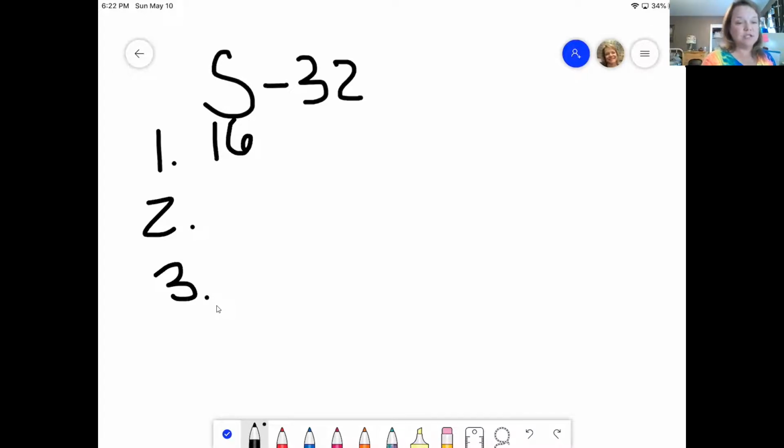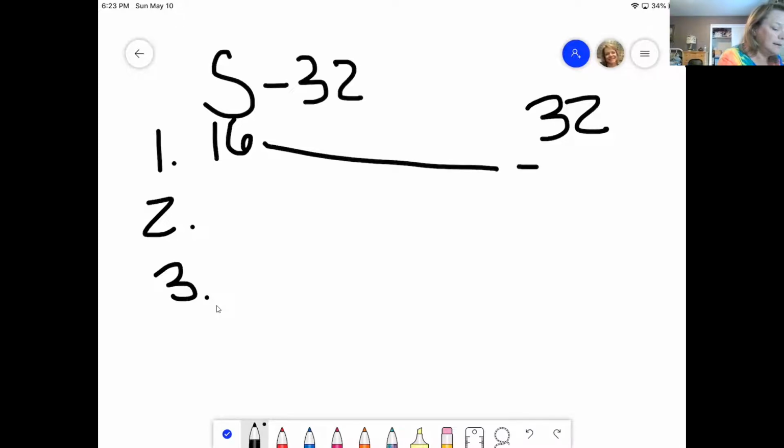So that's question number 1, the atomic number. Number 2, how many neutrons would there be? So we take 32, which is the mass number. By definition, mass number is the number of protons and neutrons. And we take out how many are protons. We do some fancy math.